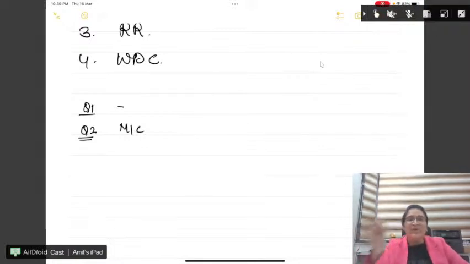Next question. Tell me in which shock do I see decreased cardiac output? Only in cardiogenic I see decreased cardiac output.